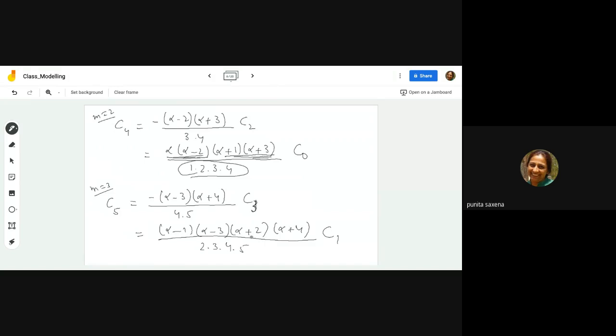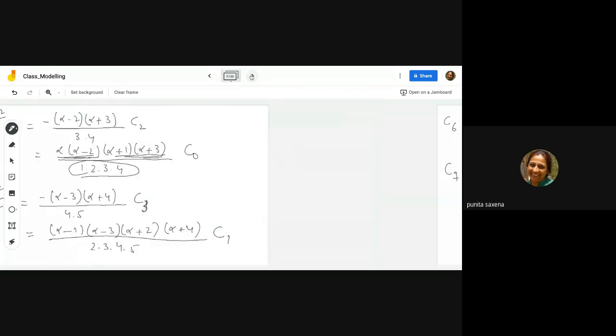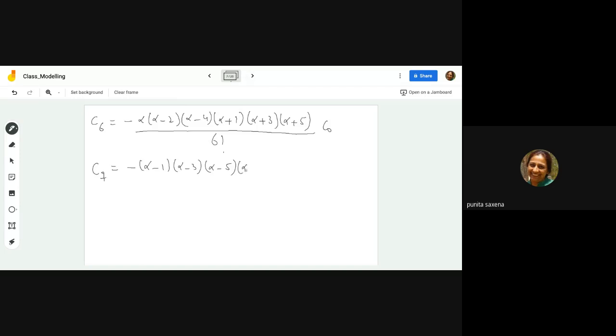Alpha minus 5. Then alpha plus 2, alpha plus 4, alpha plus 6 upon 7 factorial, C1. Is this okay or not? Yes, ma'am.